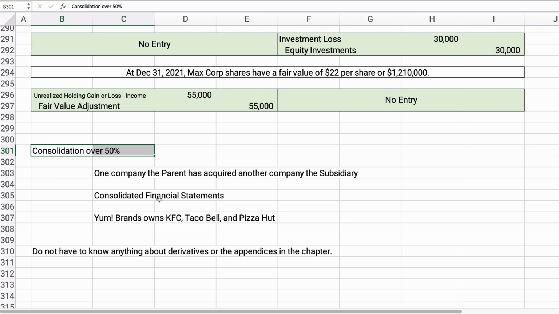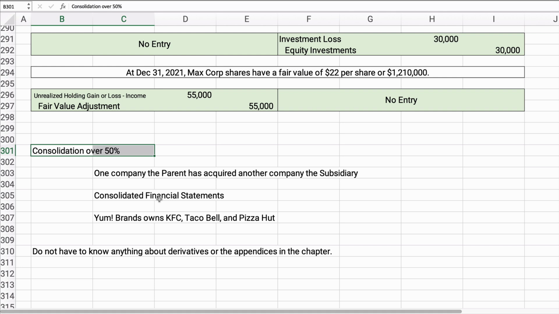So for example, Yum Brands owns KFC, which is Kentucky Fried Chicken. They own Taco Bell. They own Pizza Hut. There's probably a few investors that still own Kentucky Fried Chicken directly, but the majority of that company is owned by Yum Brands. Now they're two legally separate entities, and so at some point Yum Brands could sell KFC and let it be its own company.